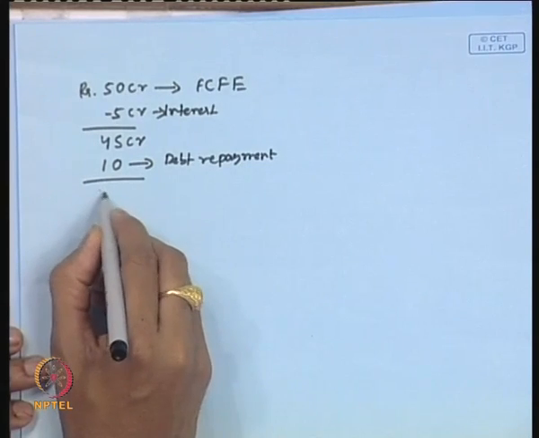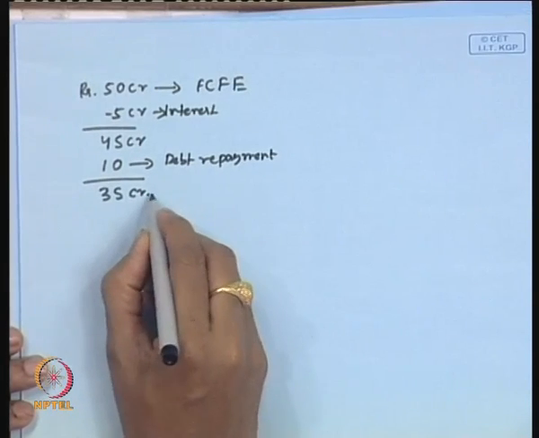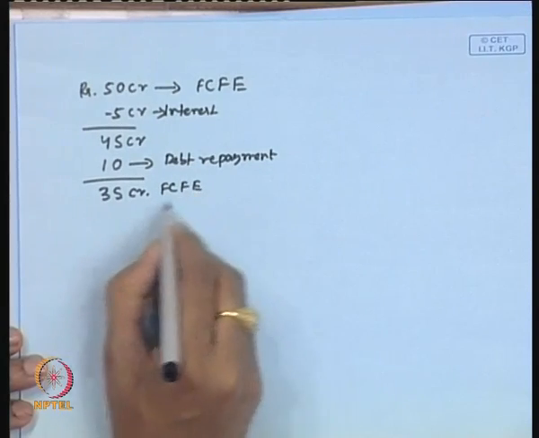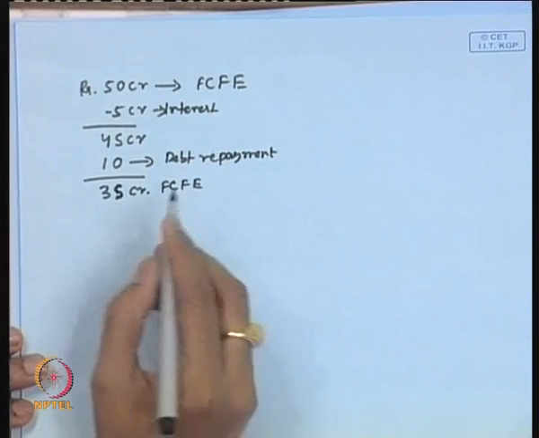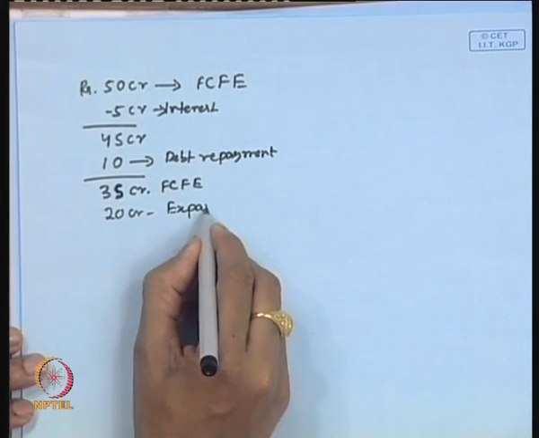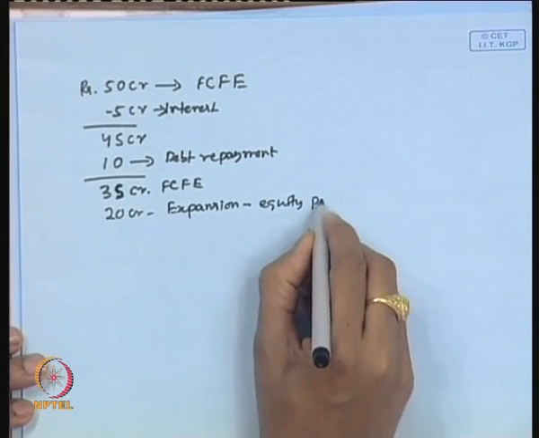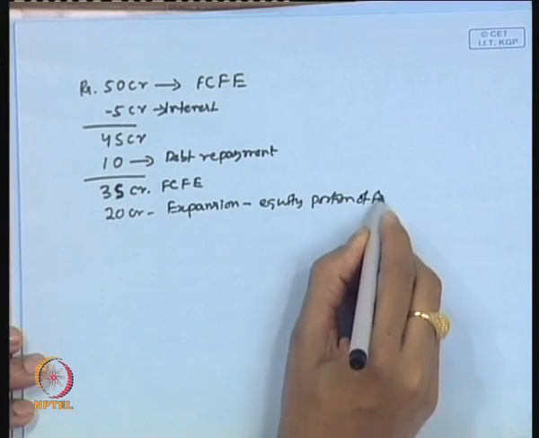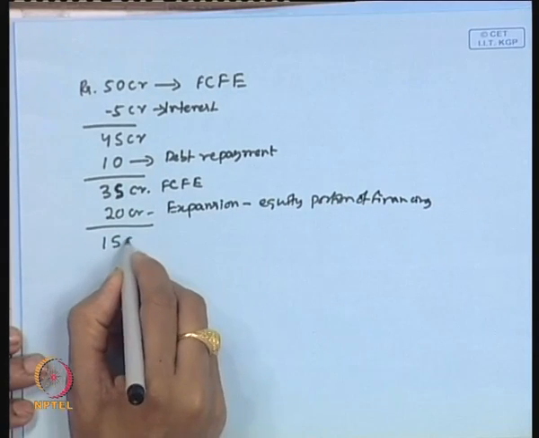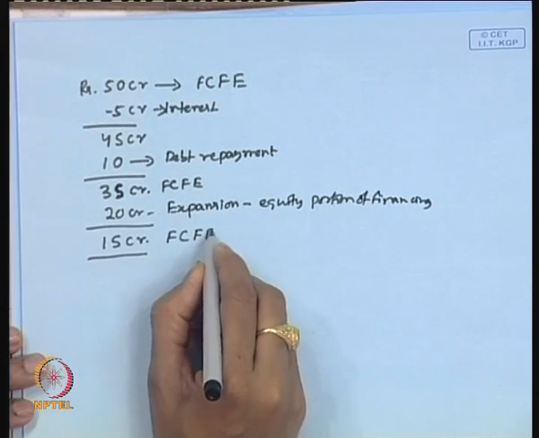That gives us 35 crore, which is actually available for the equity holders, but it is quite possible that out of the 35 crore, maybe 20 crore is required for expansion, and that is the equity portion of financing the expansion. In that case 15 crore is going to be the free cash flow for equity.